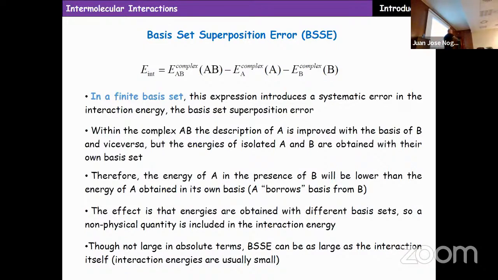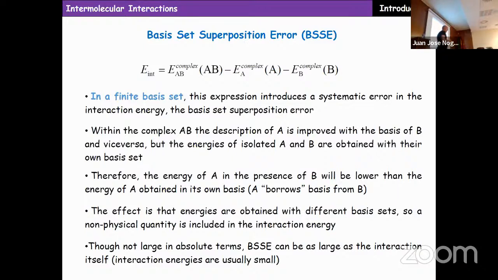So in an infinite basis set, I will not have basis set superposition error. How can I solve the problem of the basis set superposition error? Extrapolate to the complete basis set limit, the CBS limit. But this is many times very costly, so computationally not feasible.